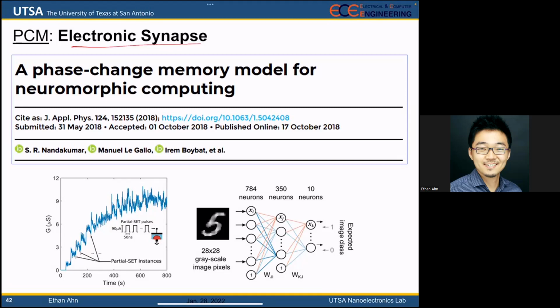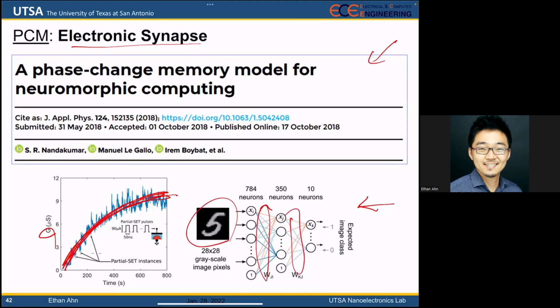Here, for example, you can modulate your conductance in a gradual scale, or a gray scale. And for example, you can recognize handwritten digits by using PCM as artificial synapses in between here.